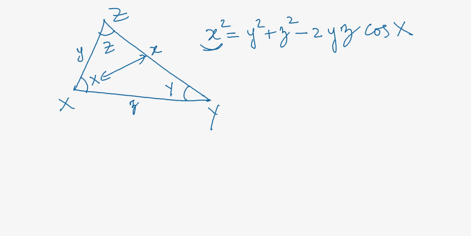So x squared is that. We can also write the other two cosine rules. Can you tell me what the other two are?